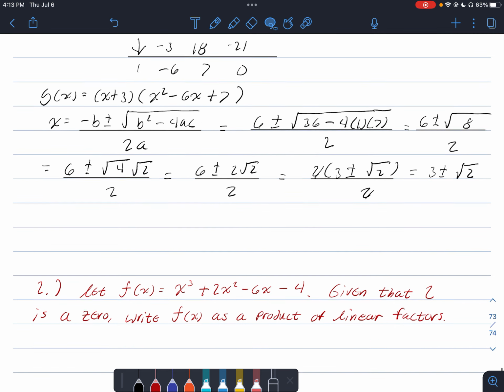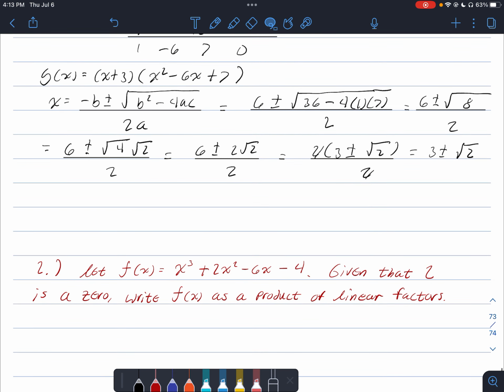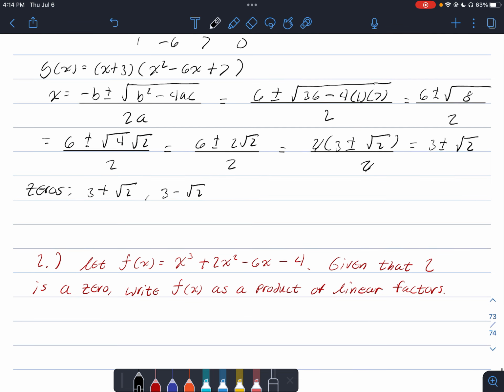So that means that our zeros for this, what's left here, are going to be 3 plus the square root of 2 and 3 minus the square root of 2. Right?